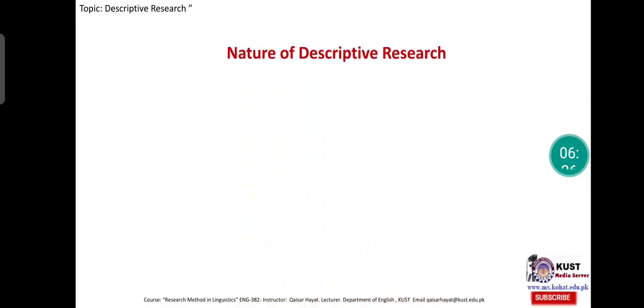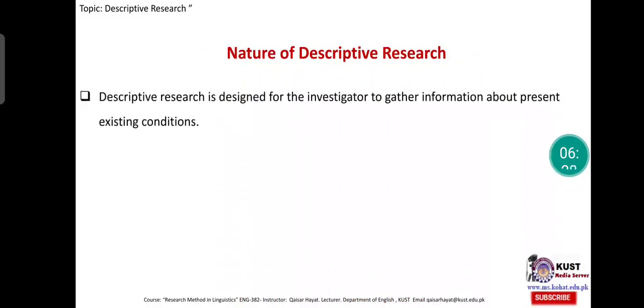After the definitions of descriptive research, let's see what the nature of descriptive research is. Descriptive research is designed for the investigator to gather information about present existing conditions. Students, what is a present existing condition? There are many conditions.